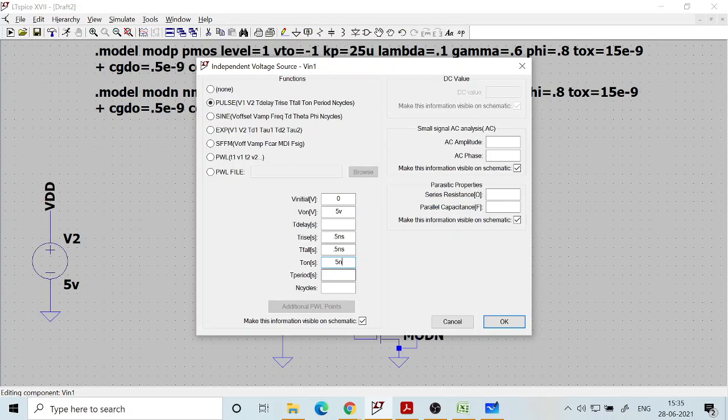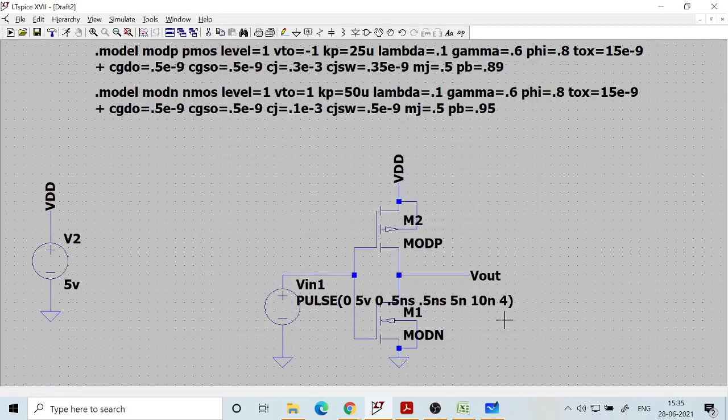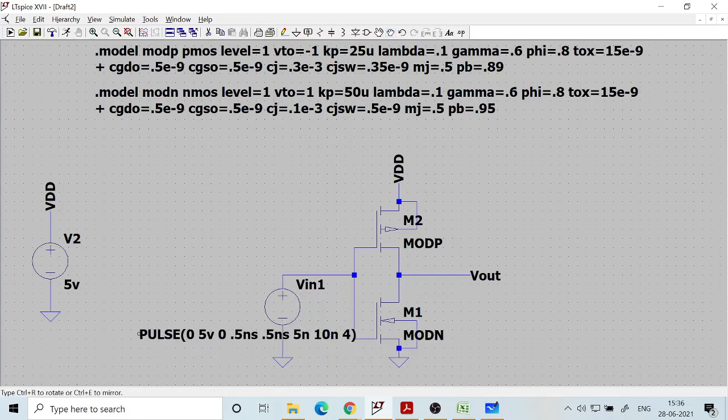If required, we will modify it later. And period, let's give 10 nanosecond. How many cycles you want to give? You can specify that also. Say 4 cycles or 5 cycles. So that's our source. Now let's run it.